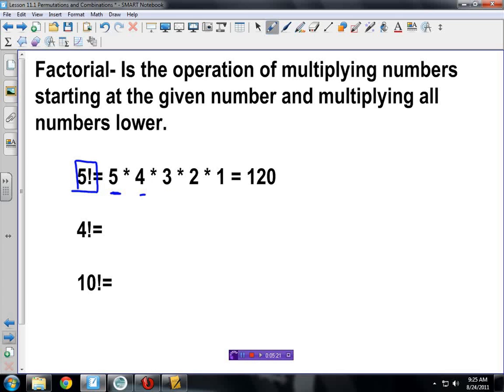So we have 5, then 4, then 3, then 2, then 1. All those together makes 120. 4 factorial, just like 5 factorial, we'll start with 4 and multiply by the lower numbers, which is 24.